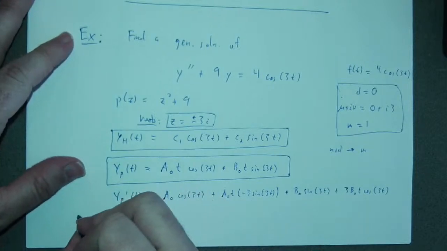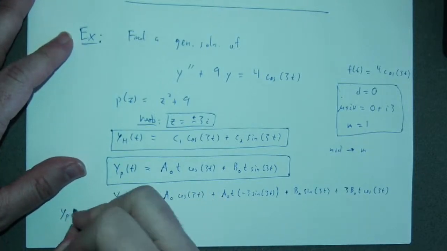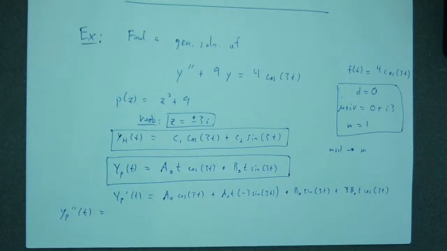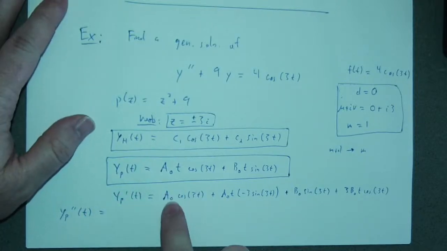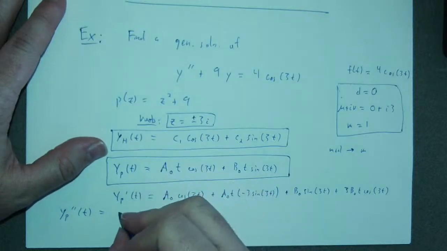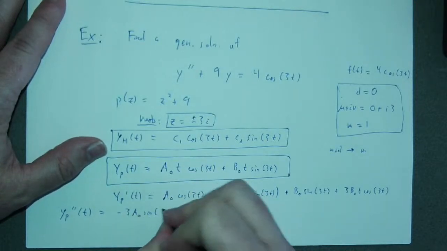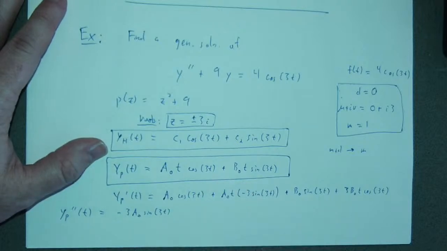Okay, let's compute the second derivative of this thing. So y sub p double prime. Well, the derivative of this term is just minus 3a naught sine of 3t. This term I'm going to have to use product rule.